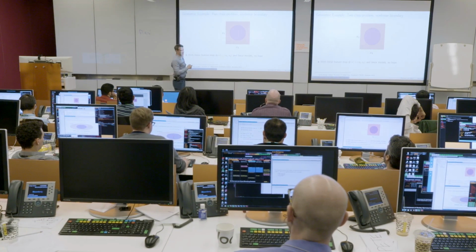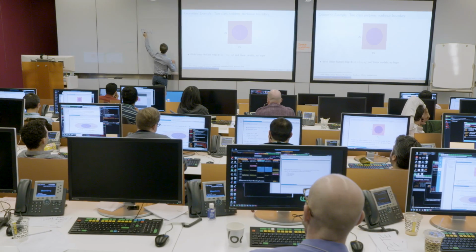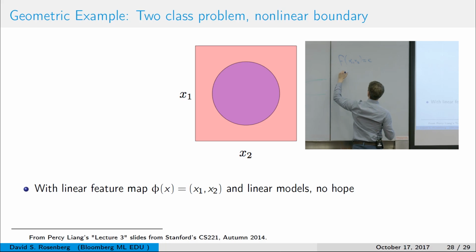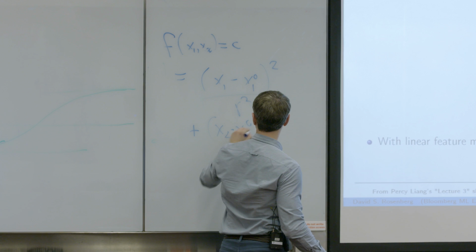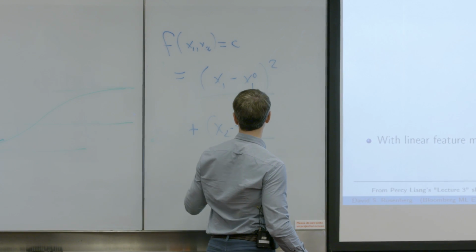So to get level sets of a function that are circles, we'd need f of x1, x2 equals some constant c, and what's the formula for a circle? x1 minus x1,0 squared, or some radius squared, plus x2 minus x2,0 squared. This is r1, r2. This is an ellipse, actually.